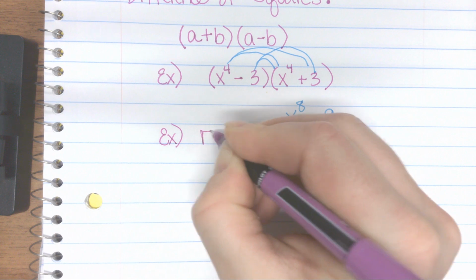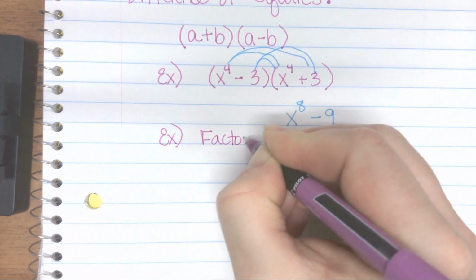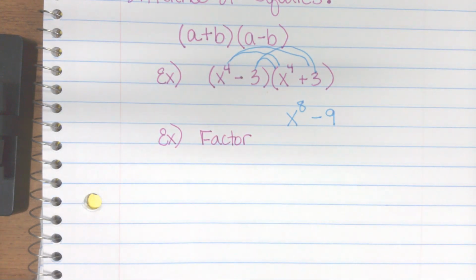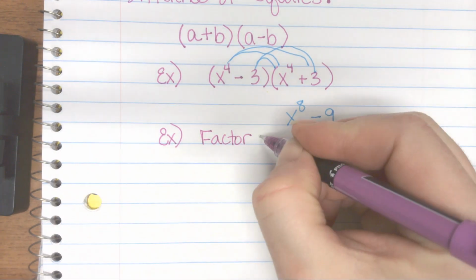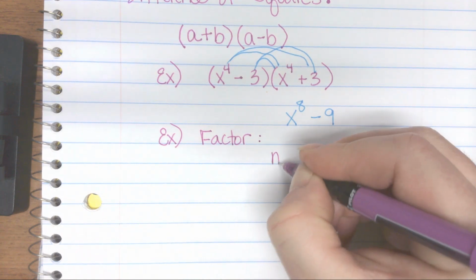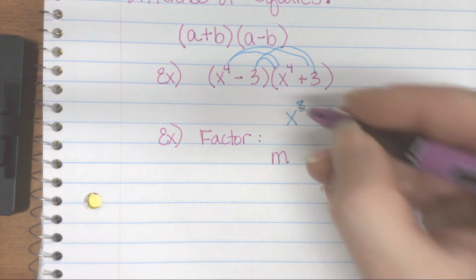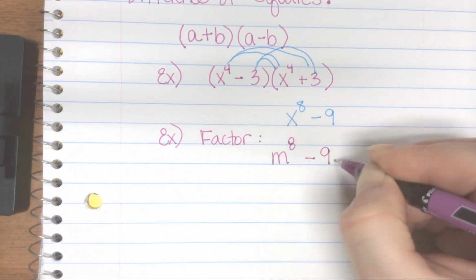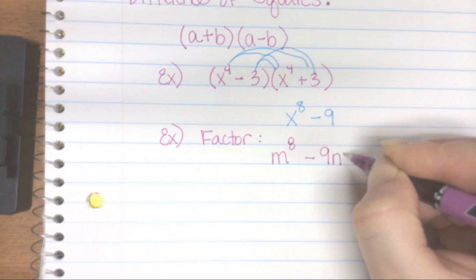What if I asked you to factor? All that means is if I give you this, put it back into the multiplication. So let's go backwards this time. Let's factor m to the 8th minus 9n to the 10th.